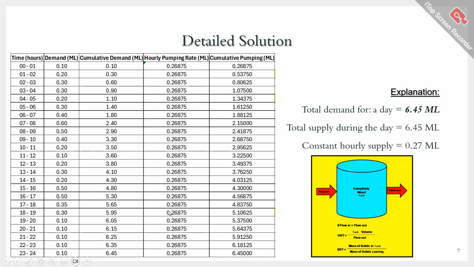Whether it is constant or not doesn't matter, because at the end of the day you can see that it comes out to be 6.45. So at the end of the day, the cumulative demand equals the cumulative pumping rate. Whatever the demand, that amount you have supplied here.